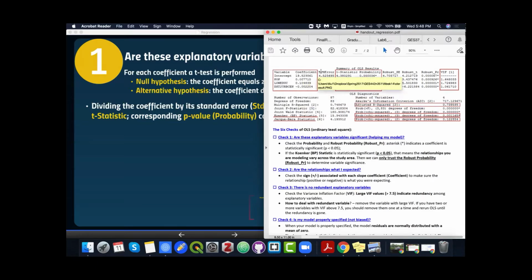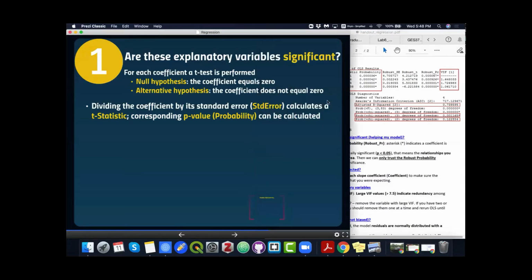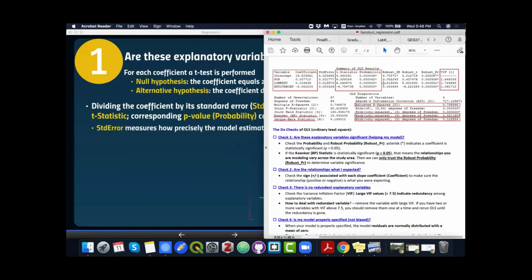Right following the coefficient, there's a column called the standard error. The standard error is a representation of how precisely the model estimates the coefficient. Again, it represents the idea of variance, variability, the standard deviation of all the different variables.